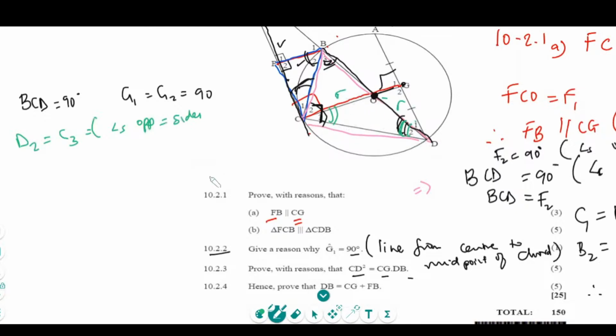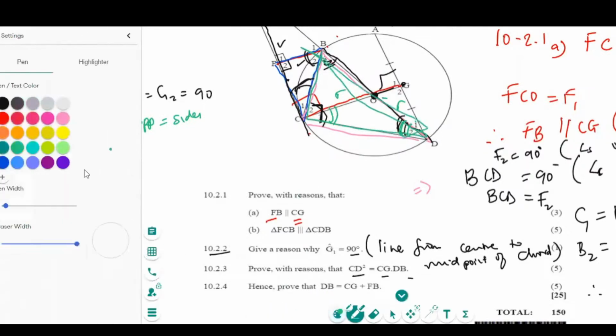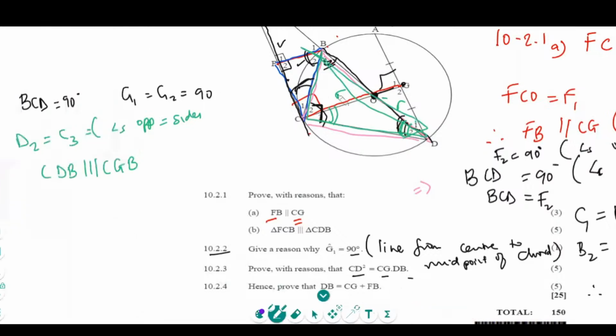Okay, so what does that mean? Simply means that CDB is similar to CGD, this one here.